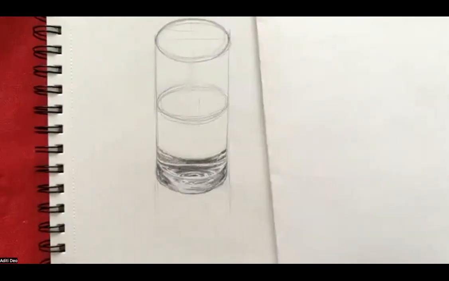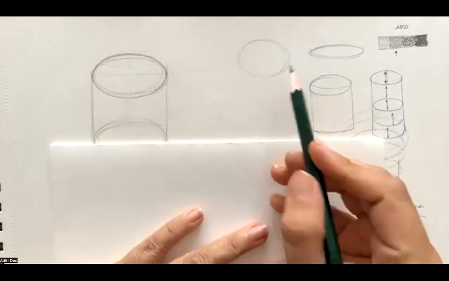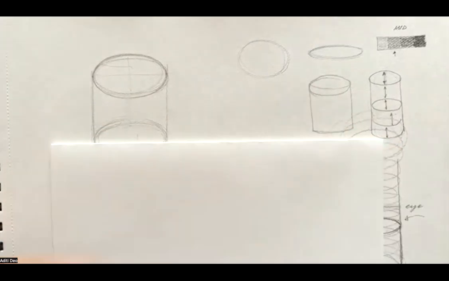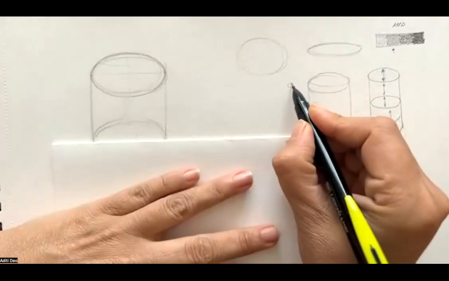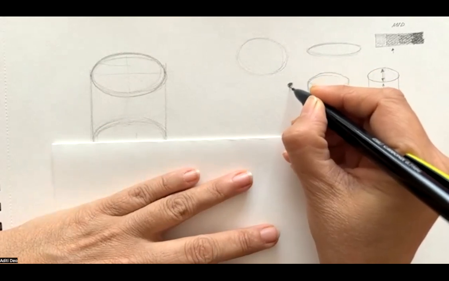For those of you who might be struggling with that fuzzy line, I just wanted to demonstrate fuzziness. Suppose we want to make, let me use the mechanical pencil and make a very sharp circle.